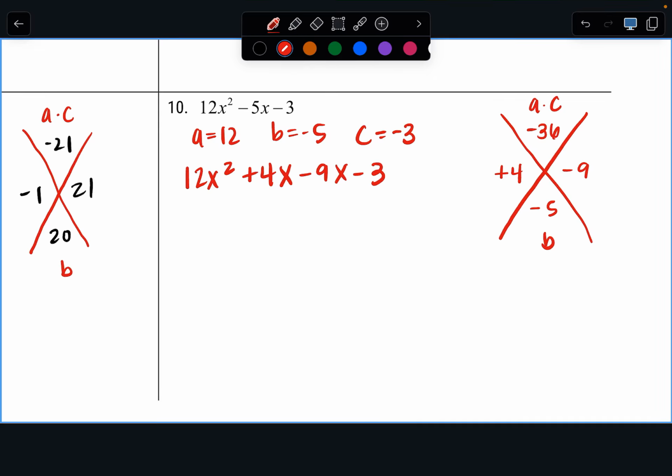What did you pull out from here? I just pulled out 3 and 4 because that factors down, and 4 times 3 equals 12x. But you need to pull out the greatest common factor. So this will be your first factor, 3x plus 1. This will be your second, 4x minus 3.